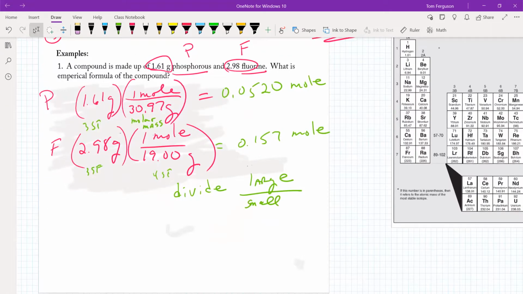So that means you're going to take 0.57 divided by 0.520.